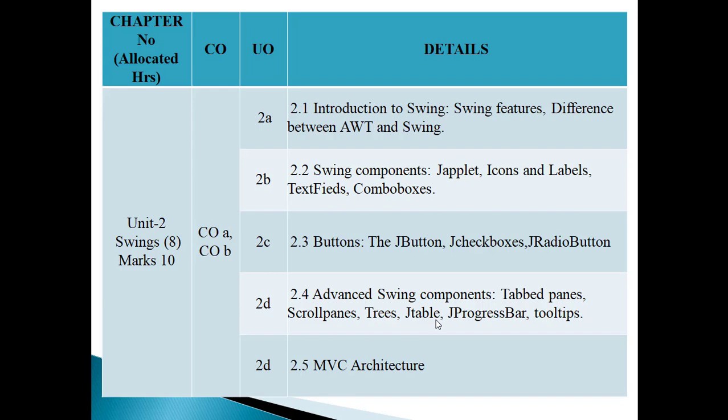Icons: in AWT icon control is not provided, in Swing that is provided, and in detail icons we are going to study. Labels, text field, combo boxes, we are aware of these, and we are going to study these controls. Advanced features of button, advanced features of JCheckBox, advanced features of radio button. All the advanced features we are studying in Swing.